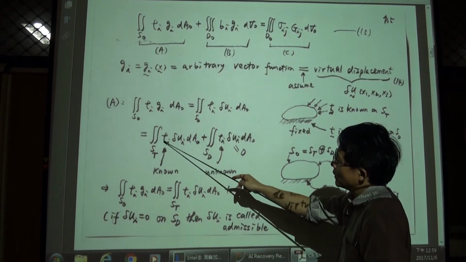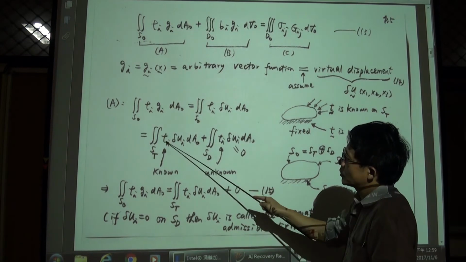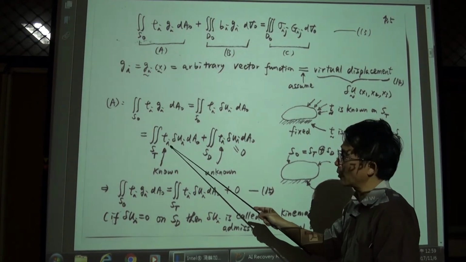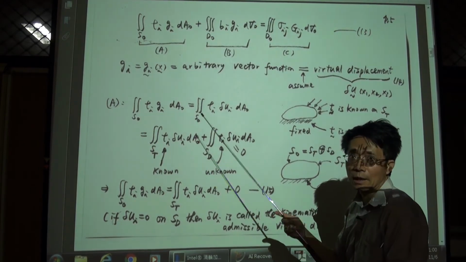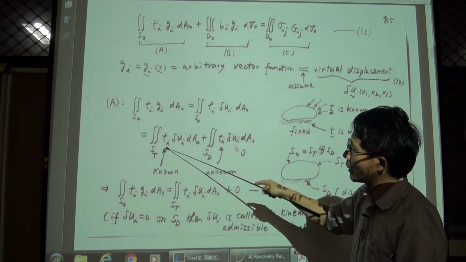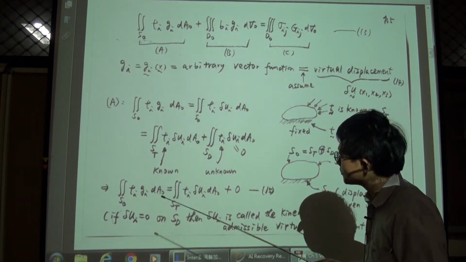On the traction surface, the traction is known, so we can carry out the calculation because Ti is given. There's no problem here, right?